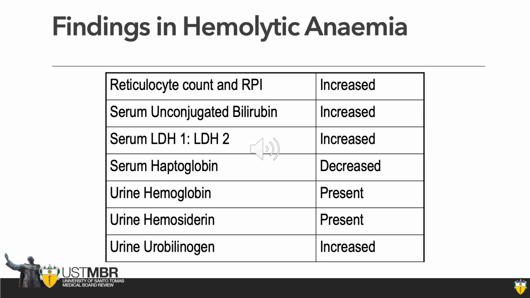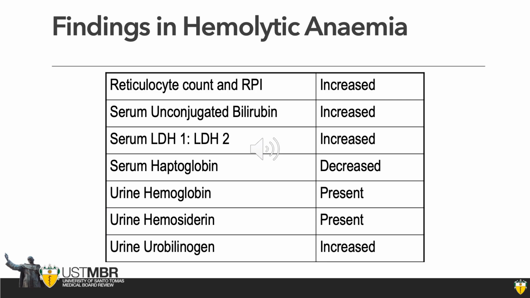These are the findings in the lab workup of hemolytic anemia. You have a high reticulocyte, and if you compute the RPI, it's more than 2. You have high unconjugated bilirubin, okay, because you have increased destruction of your red blood cells, and so you have a higher level of bilirubin to conjugate from the destruction of the red blood cells.